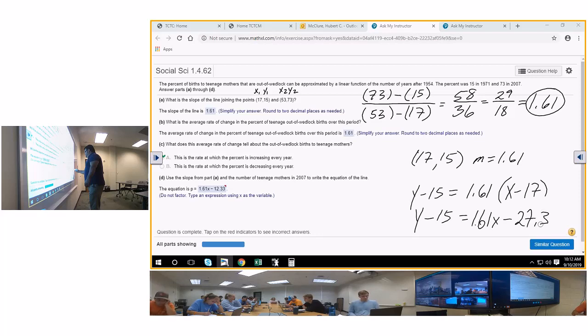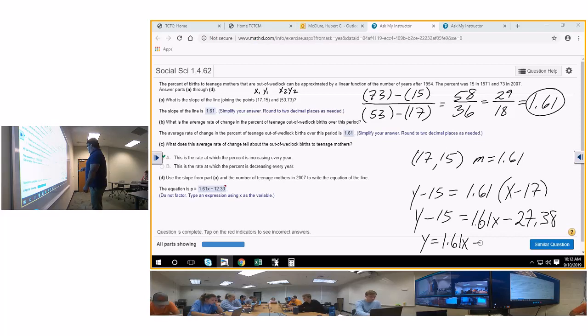And then add 15 to it. It would be minus 27.38 plus 15. It'd be like minus 12 something.